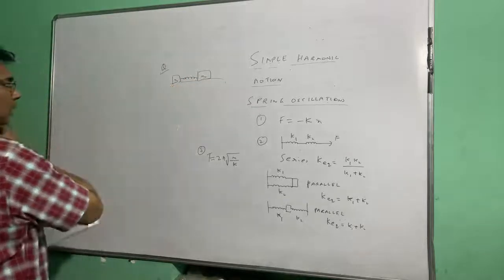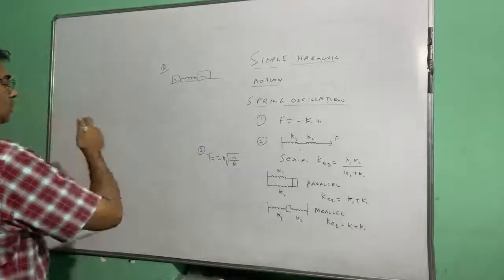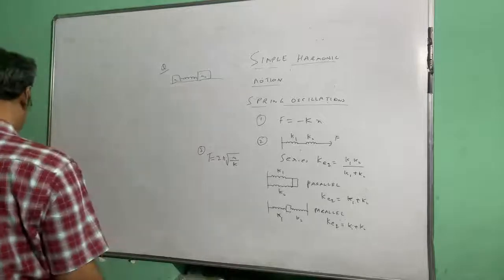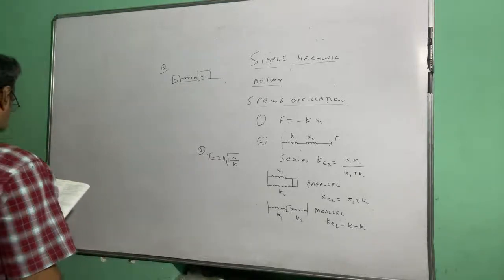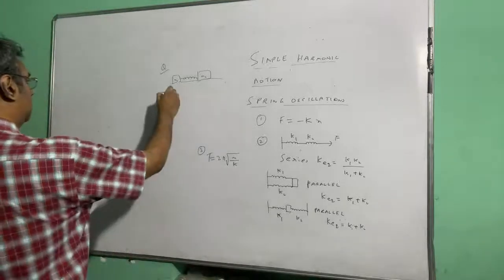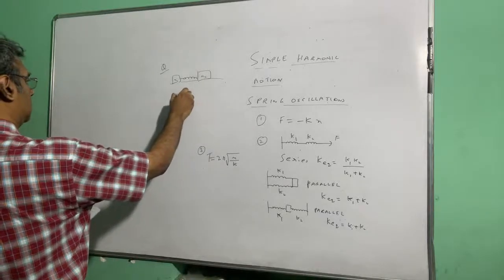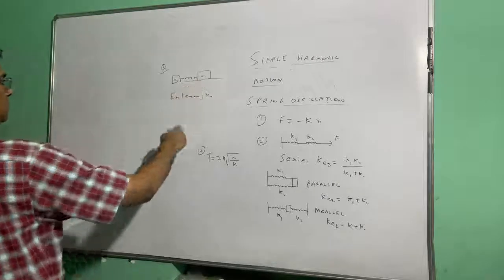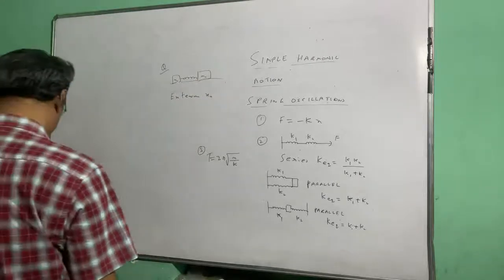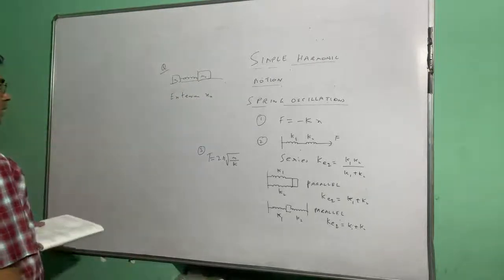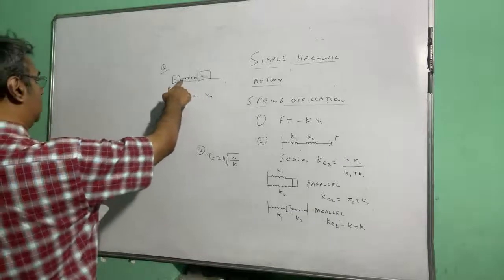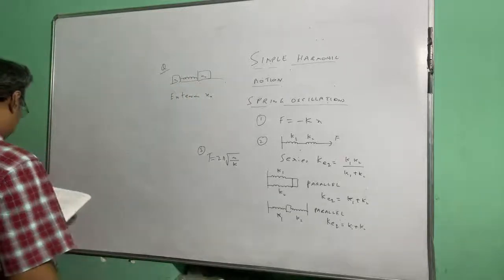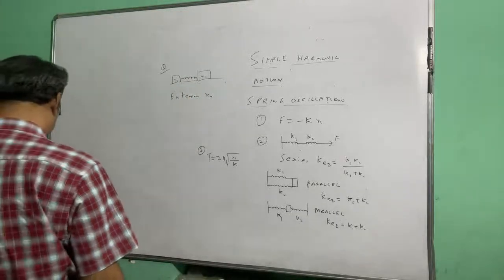Suppose you have two blocks, their masses are m1 and m2, and they are connected by a spring like this, and this entire system is given an extension x0.